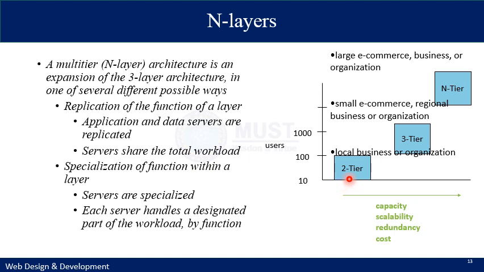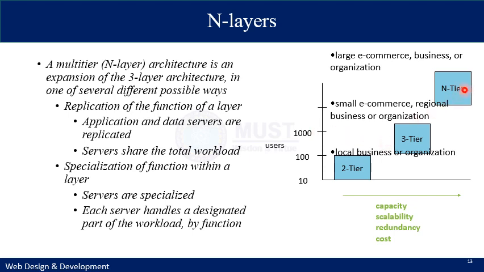So typically a two-tier architecture, that is used in the client server architecture, you can use for local business or organizations, and it can have up to 100 users. And you can use a three-tier architecture for small e-commerce or regional business or organization that can have up to 1,000 or more users.